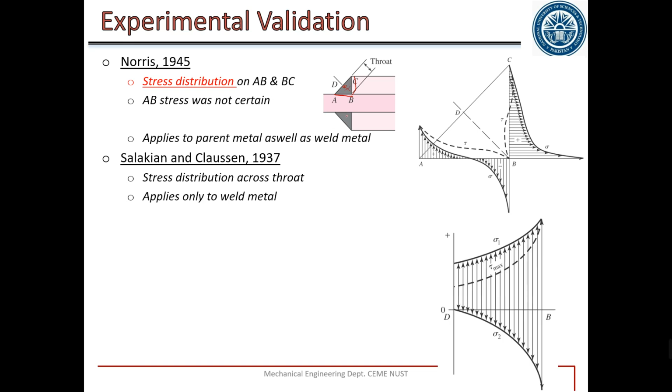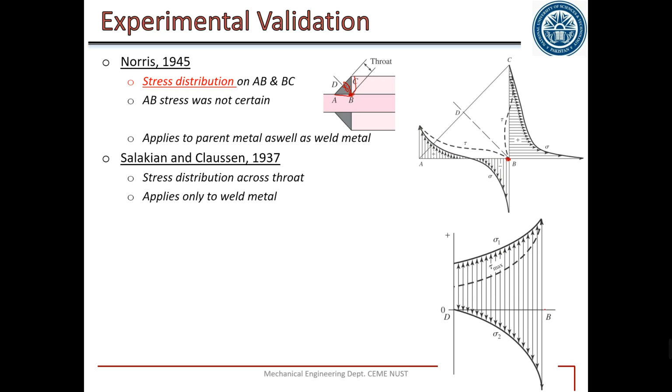In 1937, Salakian studied the stress distribution between B and D, along this line, and showed that stresses are higher at B as compared to D. So if we have to save the weld, we can just study the stresses at point B. Here as well, you can see that stresses at B are higher in the complete weld; point B is the most dangerous point.